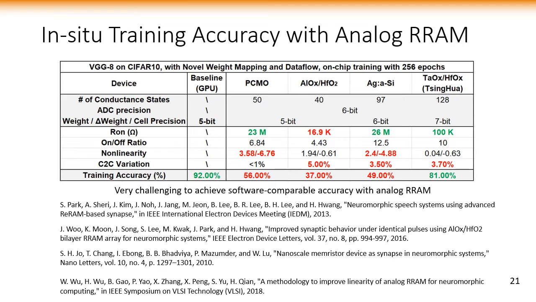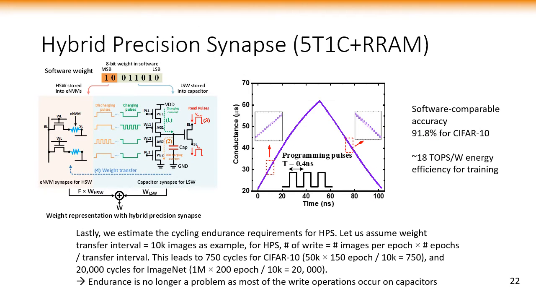Therefore, the alternative solution to the training would be this hybrid precision synapse. For example, here we show a concept of 5 transistors plus 1 capacitor to store the LSB of the weight, while we use the RRAM to store the MSB of the weight.